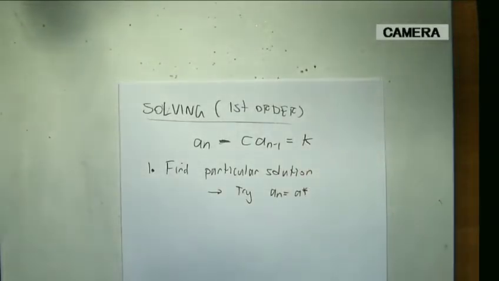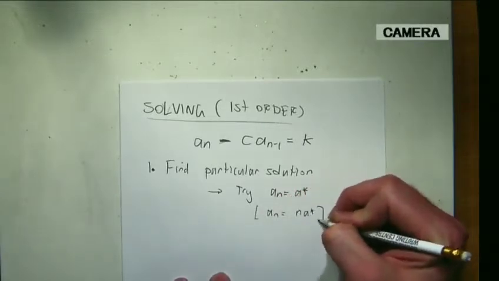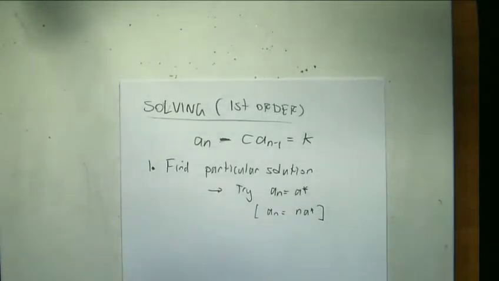But if that doesn't work, I'll try a_n equals n a star. And apparently there's a particular rule on the value of c that tells you when you should try that, but I don't remember it. I think it's 1. If c is 1, you're supposed to try this one. But it should become obvious when you sub it in, right? It'll only take a couple of seconds.